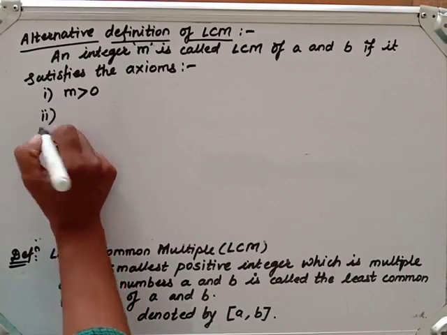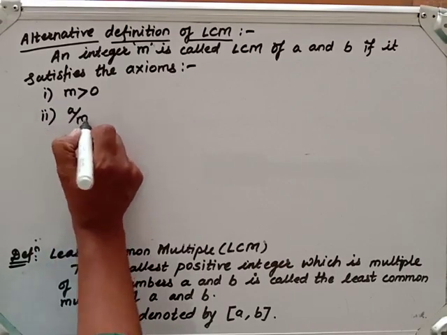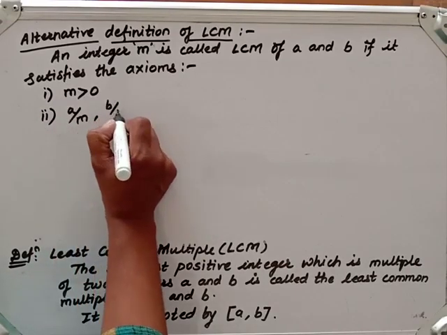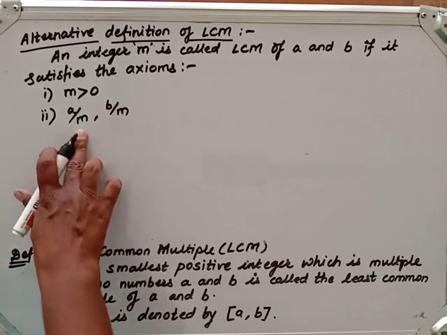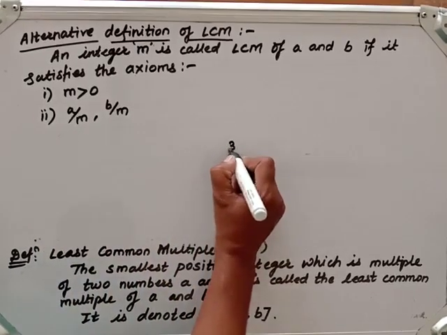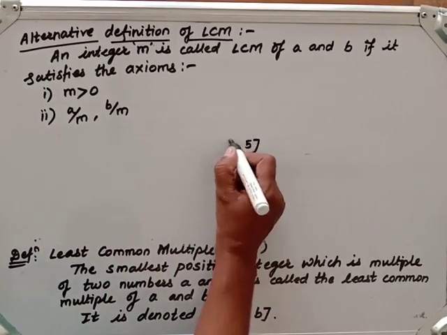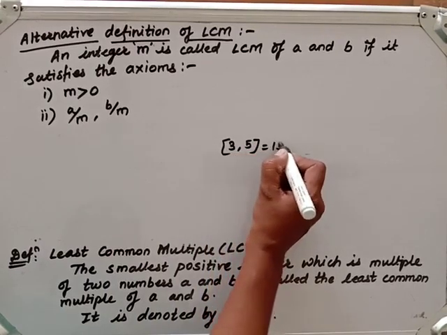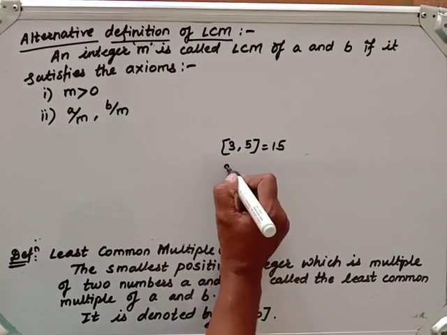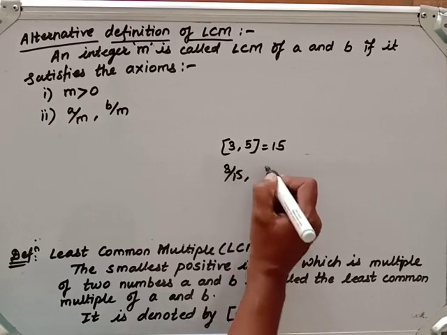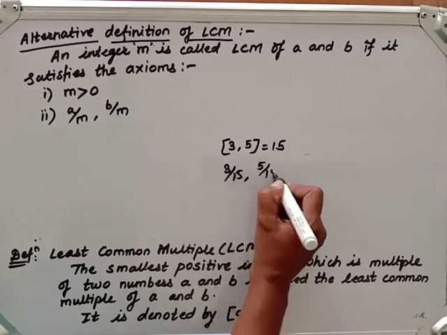Now the second one says A divides m and B also divides m. As we see in the example, the LCM of 3 and 5 is 15. So we know 3 divides 15 and 5 also divides 15.